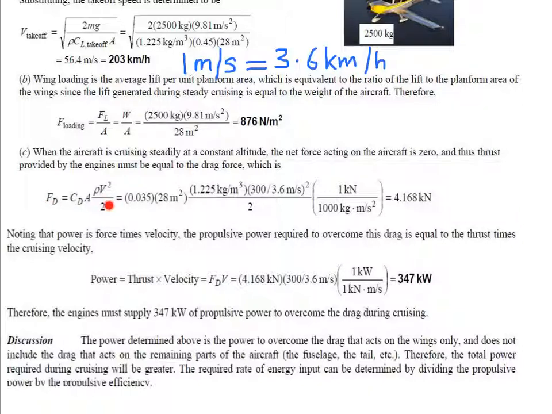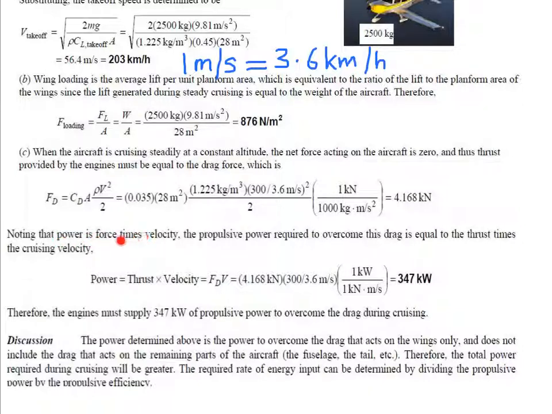So the drag force is given by the earlier formula which was written down, and you know the drag coefficient which is given, and all the other data, the area, the density, the velocity in meters per second, gives you 4.168 kilonewton. So this drag force is balanced by the thrust.